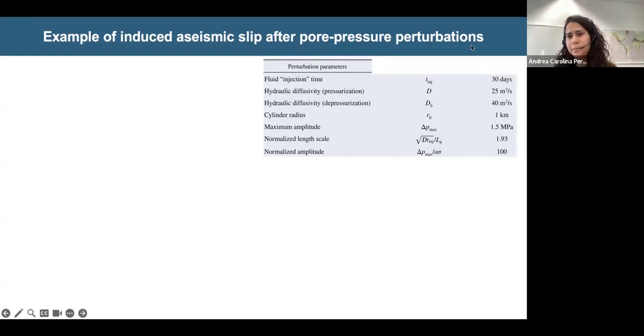Just to clarify, in this model, we're considering that the fluids are injected over a period of 3 days and that hydraulic diffusivity is 25 meters squared per second. These are very high values, and I will comment on that later in the talk. And the maximum amplitude of the perturbation is 1.5 megapascals, so this is half of the background stress.